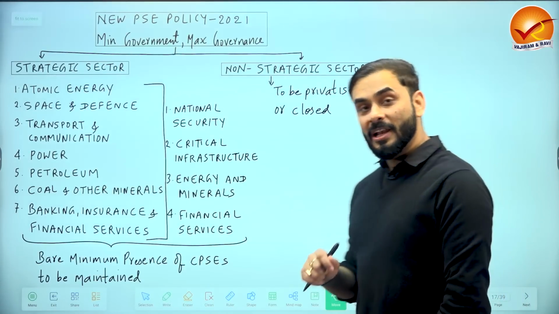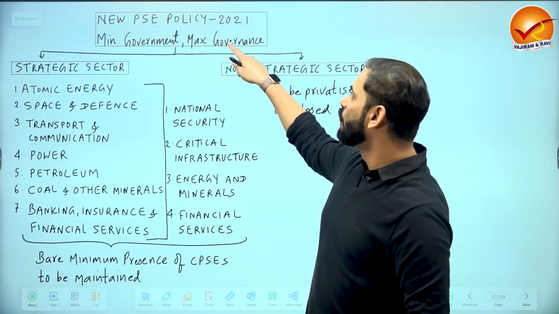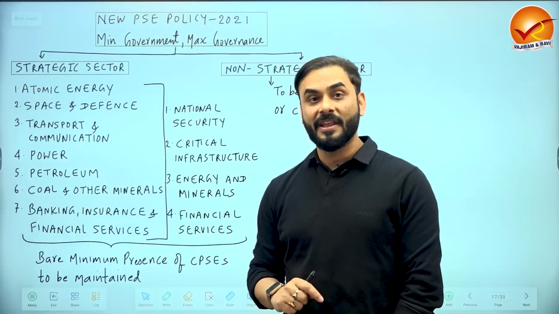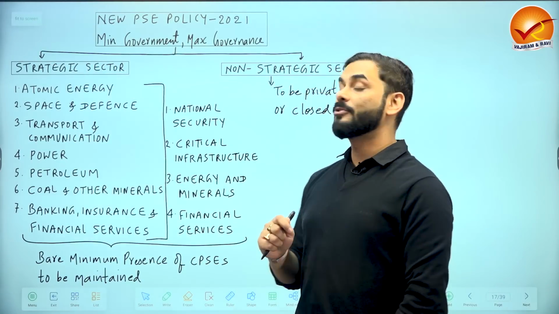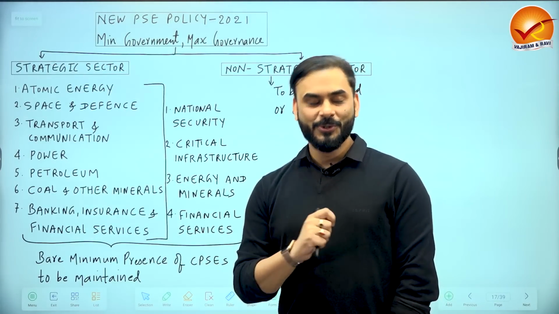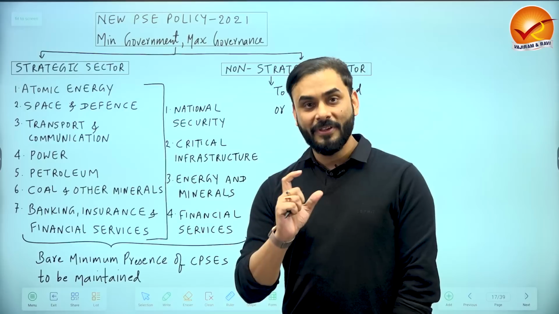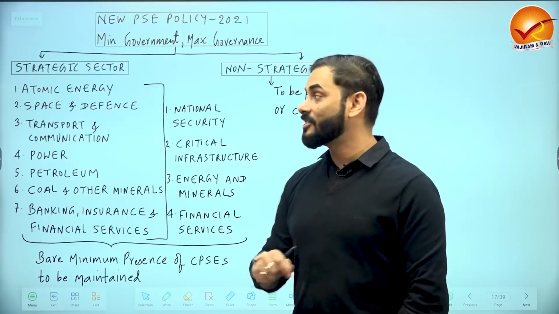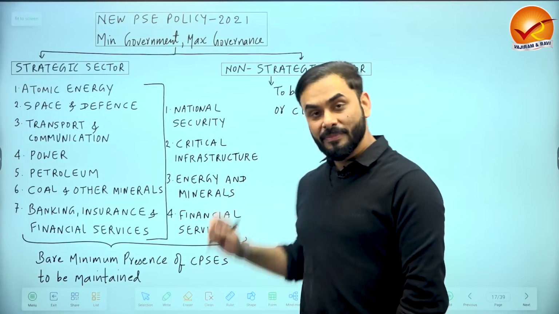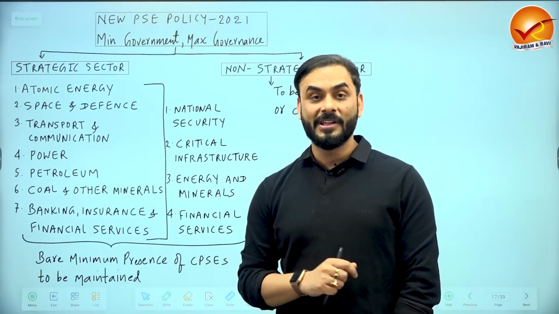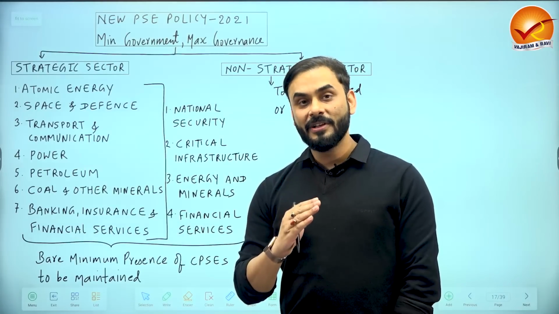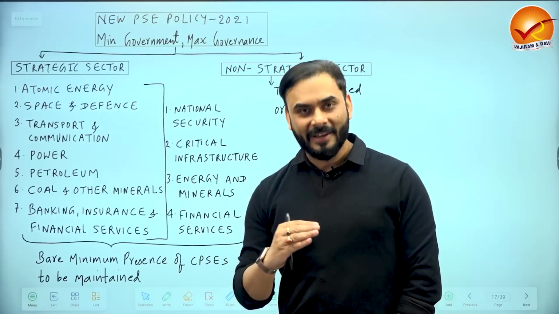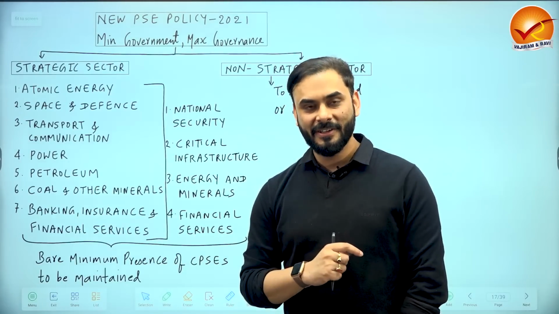Now guys, if somebody asks you what is the new PSE policy, Public Sector Enterprise Policy 2021, you should say that the philosophy of the government in the new Public Sector Enterprise Policy is minimum government, maximum governance, which means Government of India is saying we will not interfere in the industrial sector.